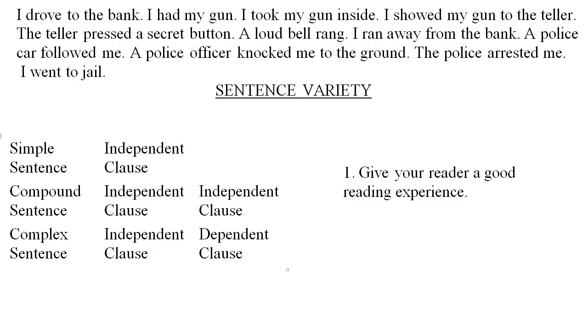Also, when you use sentence variety, you can give your reader extra information. See, a conjunction like and or but or when or because expresses a relationship between two clauses. It explains to your reader what the fact in one clause has to do with the fact in another clause.